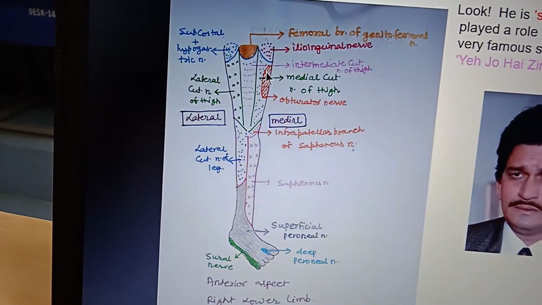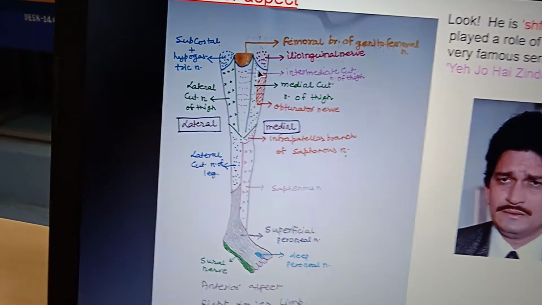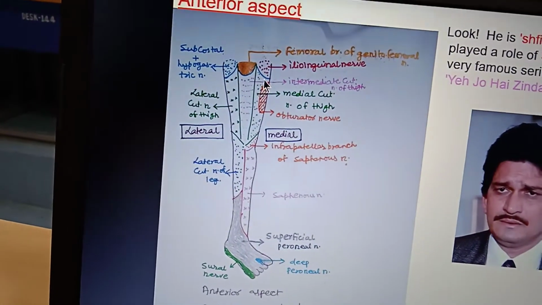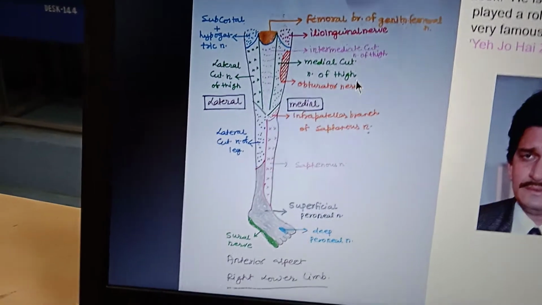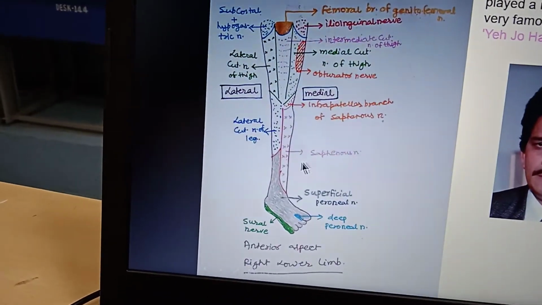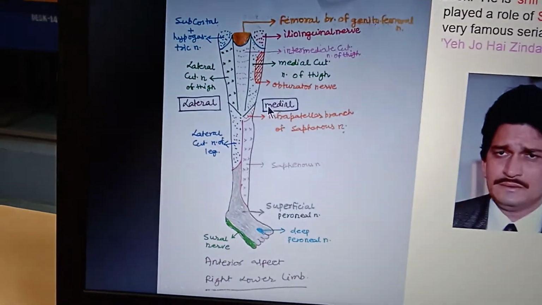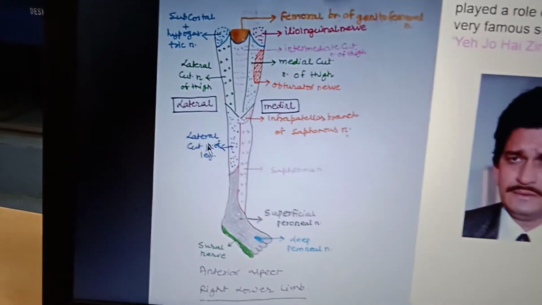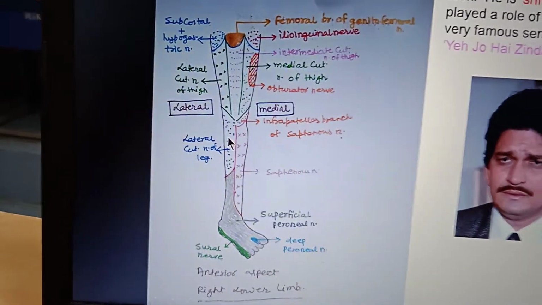In red color, this is like a pocket on the medial side and looks like O. So it is supplied by the obturator nerve. And now, as we are saying, this is the lateral aspect and this is medial. In the lateral aspect of the leg, it is the lateral cutaneous nerve of leg.